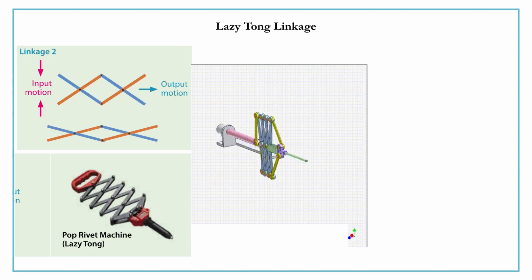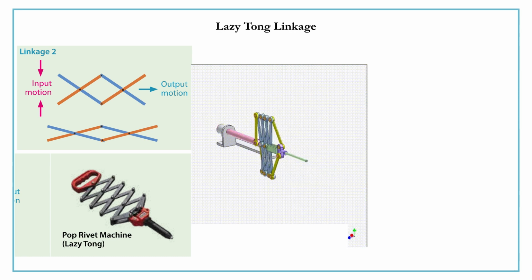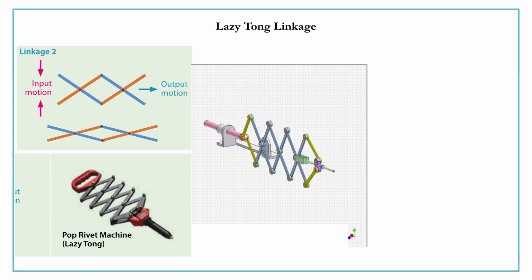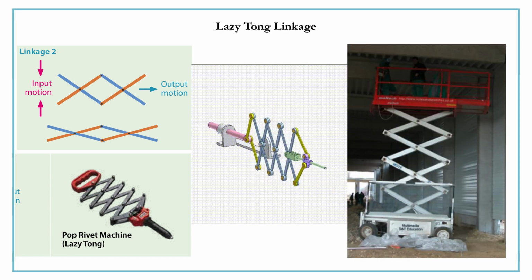The lazy tongue linkage can be used in the pop rivet machine illustrated here, and to extend structures to reach out or fold back as required. Another use is illustrated in this mechanized lift.